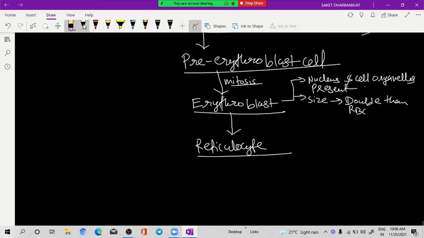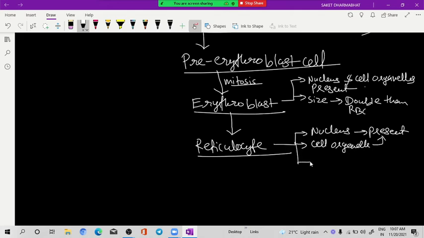One minute. Erythroblast: here the nucleus is present, cell organelle is also present, size is double that of mature RBC.